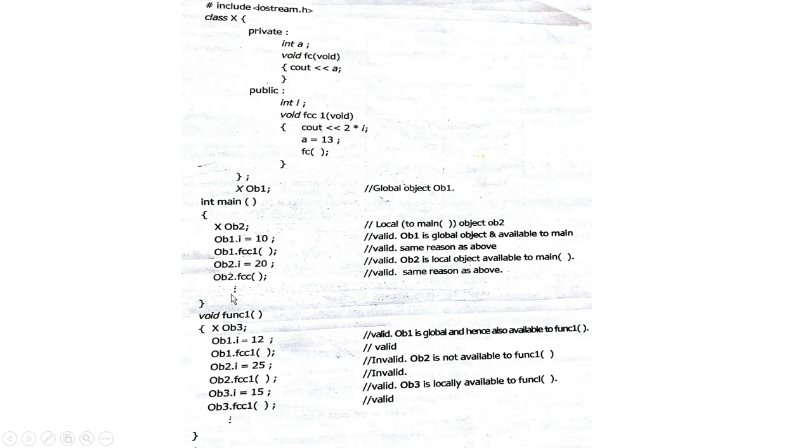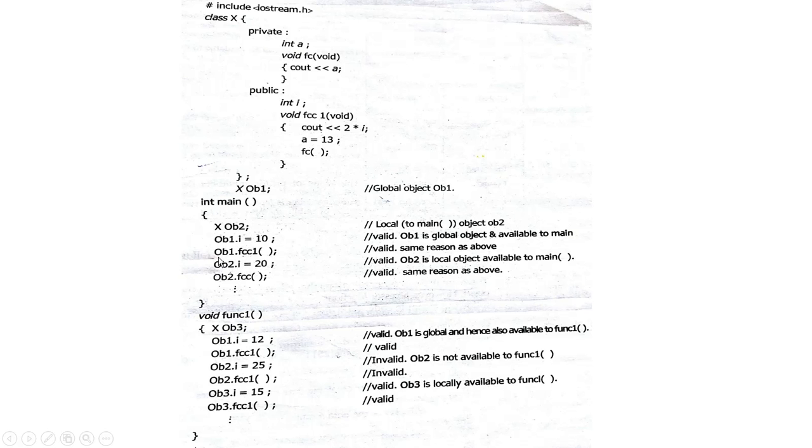Now here we have another function. Inside this we are creating ob3, which is an object of a global class. This is valid. Now after this we are using ob1, which is a global object. This is also valid. We are using ob1 again. This is valid. Now we are using ob2 here. Now ob2 is a local object because ob2 is defined inside the main function.